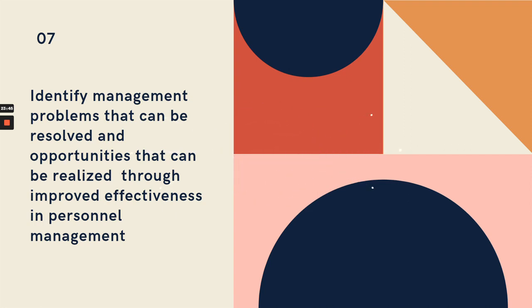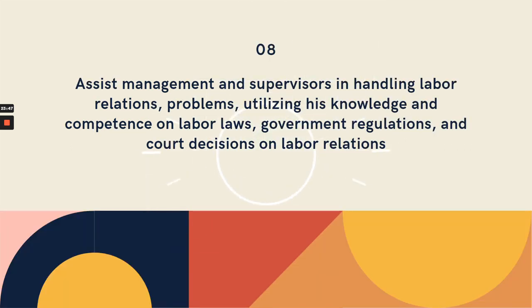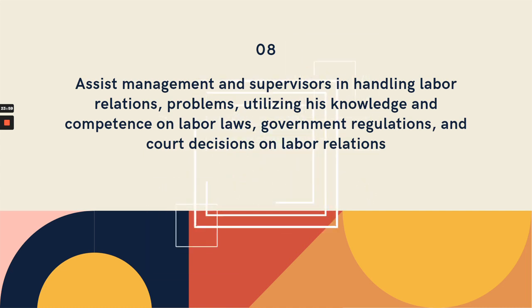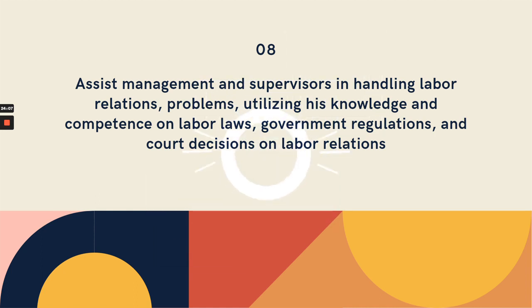Okay? Next is assist management and supervisors in handling labor relations, problems, utilizing his knowledge and competence on labor laws, government regulations, and court decisions on labor relations. So if you are a personnel manager, you should be aware of the labor laws. You should be aware of the decisions made.